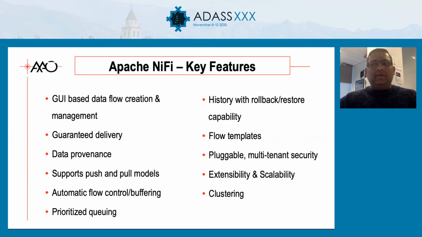For example, if the incoming data rate is high and the writing rate is too slow, NiFi automatically reduces the incoming flow rate to balance the flow. And we have prioritized queuing, and history with rollback and restore capability. So you can restore your NiFi instance to a previous state if you want.